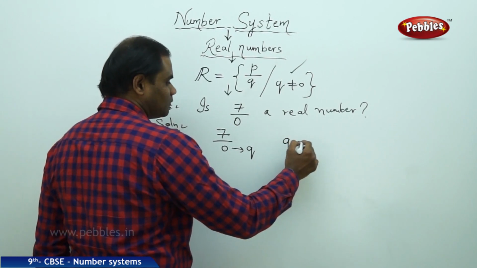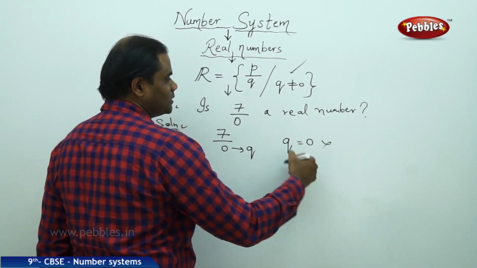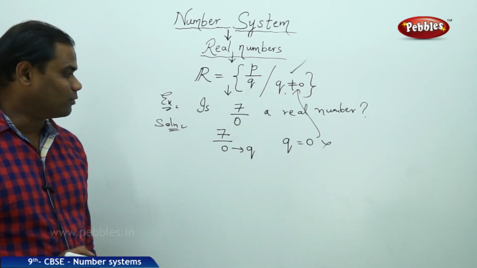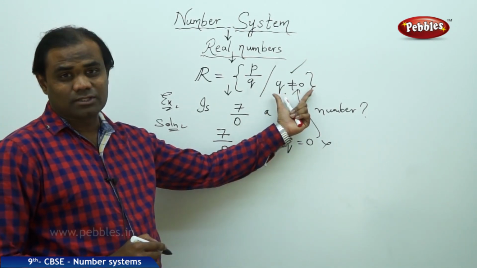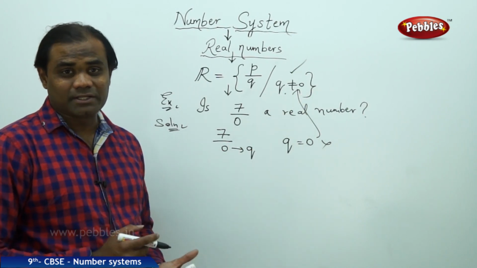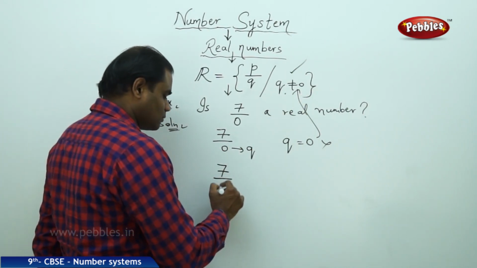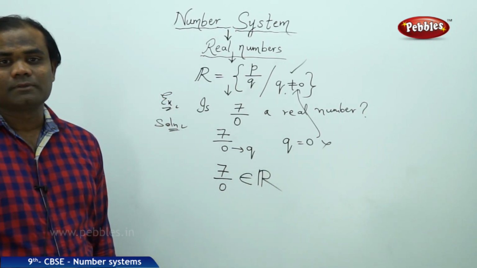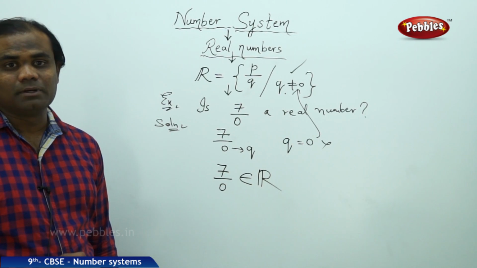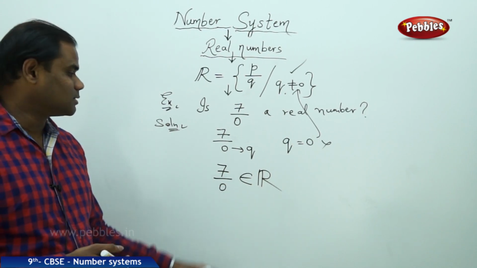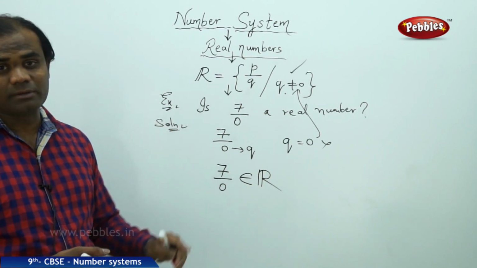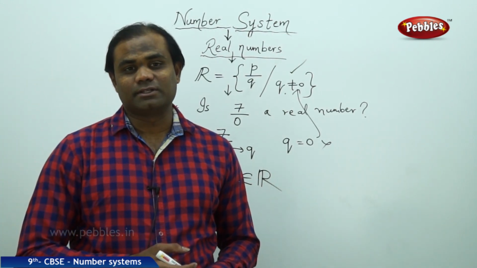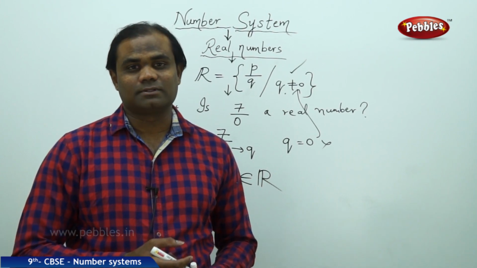Now clearly I have Q equal to 0, which fails the test that Q should not be equal to 0. Therefore, this number which fails the test of a real number clearly states that 7 over 0 can never be a real number. Is how we understand the real number is all sets of numbers with only the exception to those numbers whose denominator is 0. Is how we understand the set of real numbers.